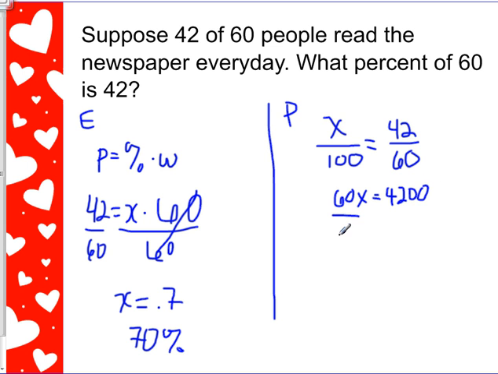Divide both sides by 60. And x is going to equal 70. And in this case, we know that that x represents the percent, so it would be 70%.